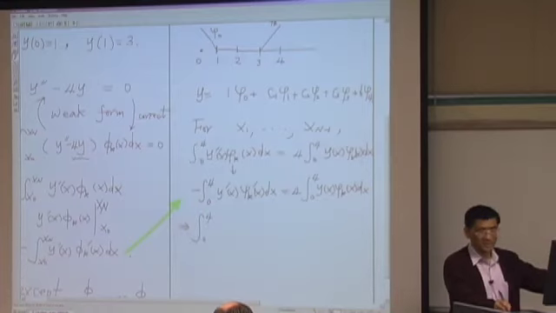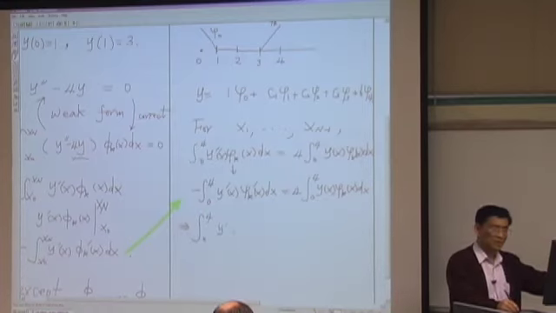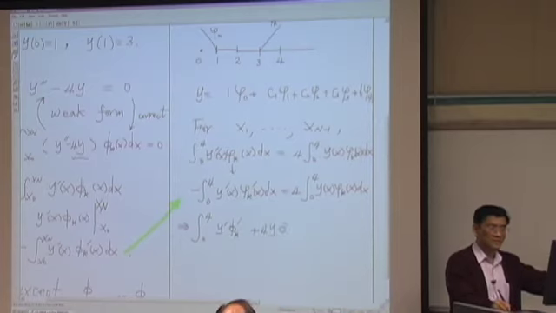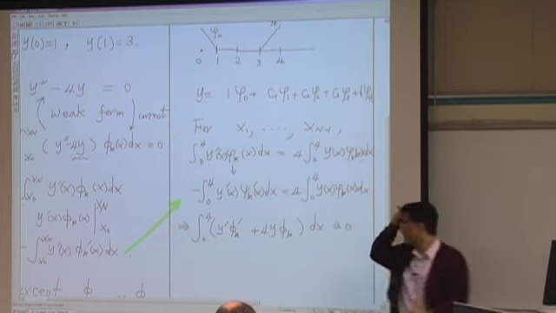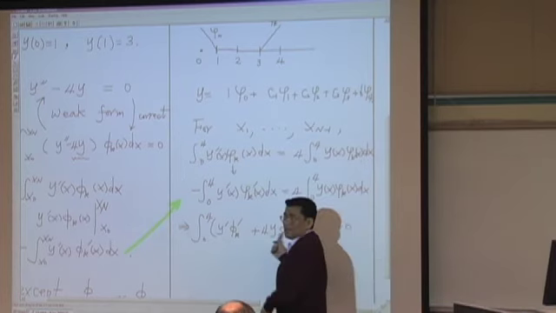And then I move this to the right hand side. Y prime p sub k prime plus 4 times y p sub k dx equals 0.